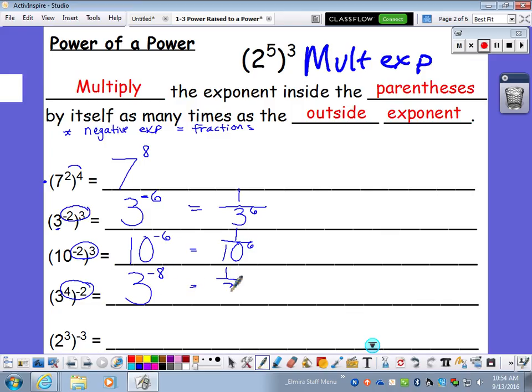So 1 over 3 to the positive 8th power. And then this last example, keep our 2. Negative 9. Make our fraction 1 over 2 to the 9th power.